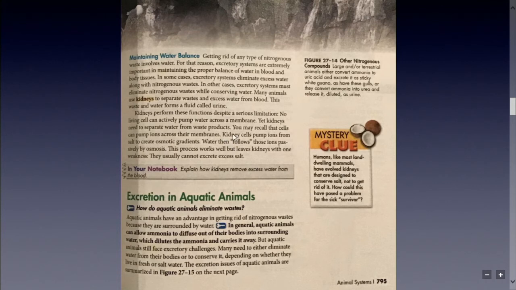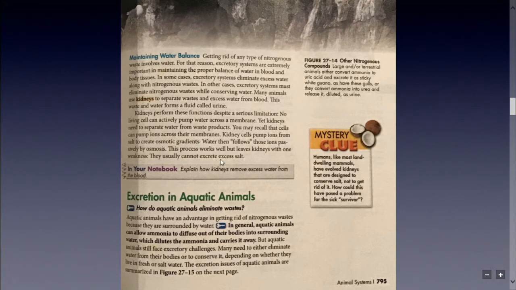The kidneys are going to be using the process of osmosis, but the way they do that is, we have a little sort of a progression here, so you're going to put this first. Kidney cells are first going to pump ions from salt to create osmotic gradients. Water then is going to follow. So the kidneys are going to move salt, and then water will go where the salt goes. So that's how kidneys are going to do that separation.